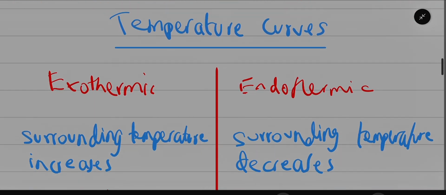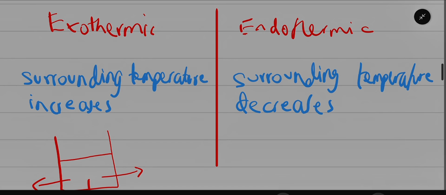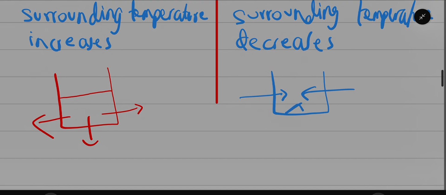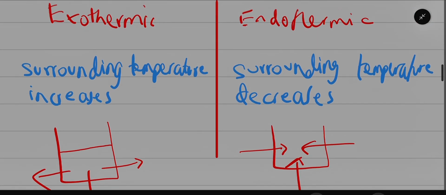If I draw a beaker over here as well, we can say that the arrows are coming in, which means that energy is being absorbed and hence the surrounding temperature is decreasing.